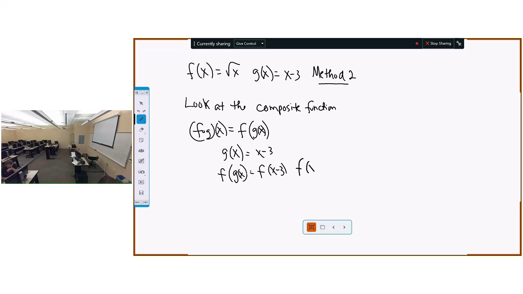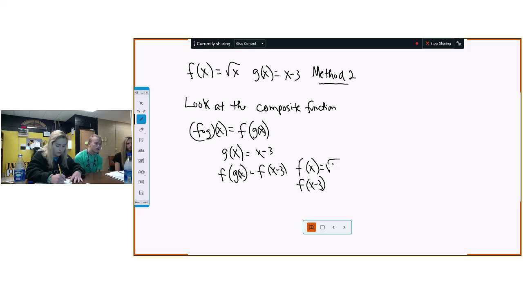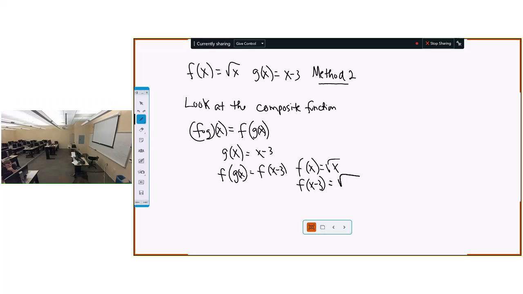f of x equals the square root of x, so f of x minus 3 would be the square root of x minus 3. We just put in the x minus 3 as your input.